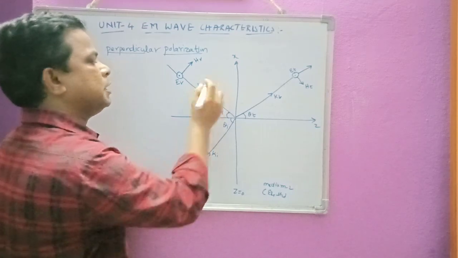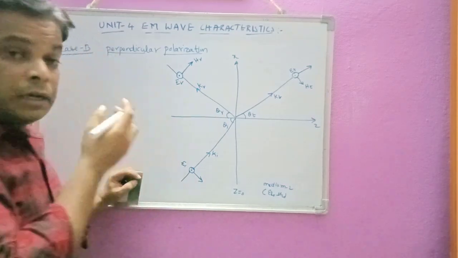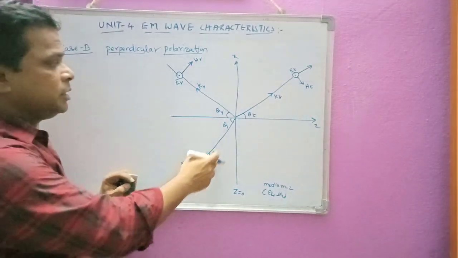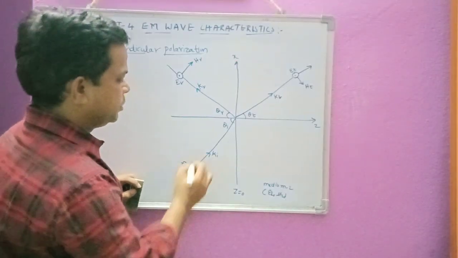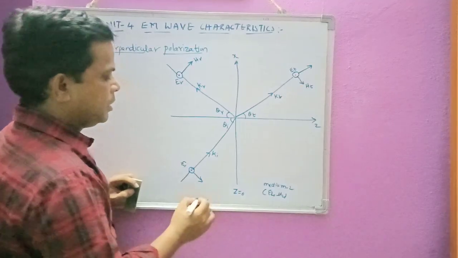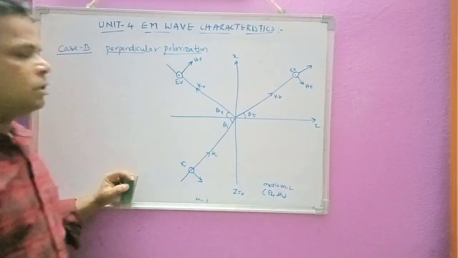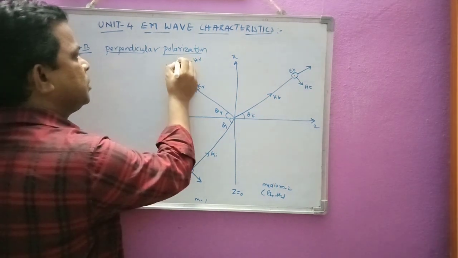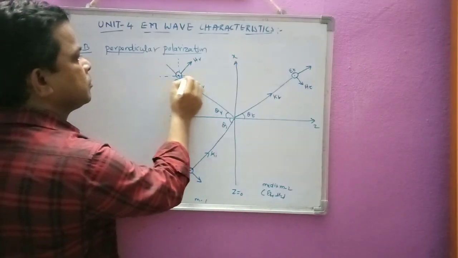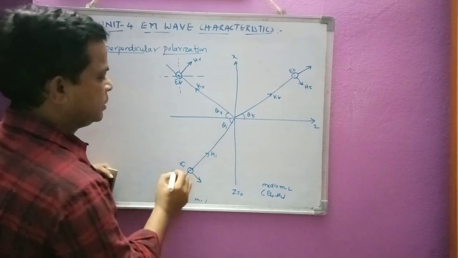K is the propagation vector, and we have incident, reflected and transmitted here. So this is medium 2 and this is medium 1. Now I have to draw the directions, the projections like this.